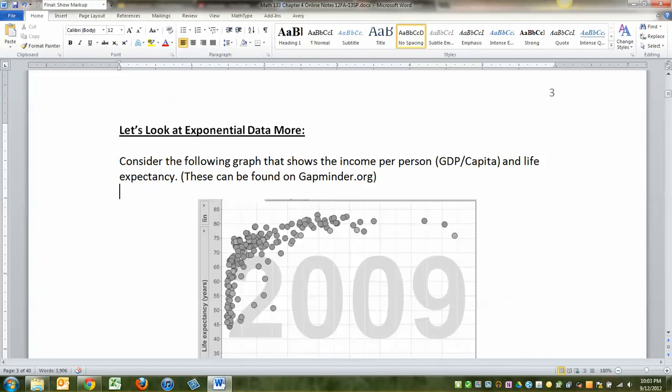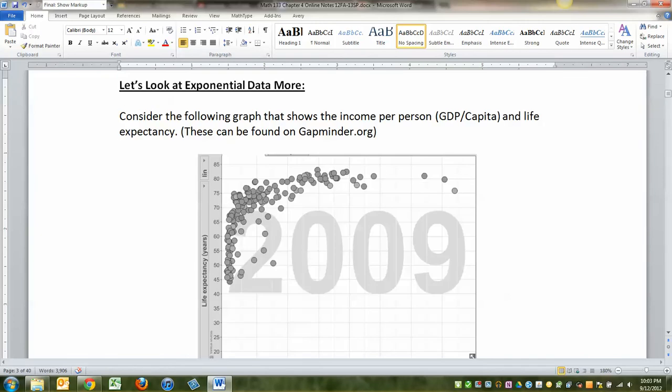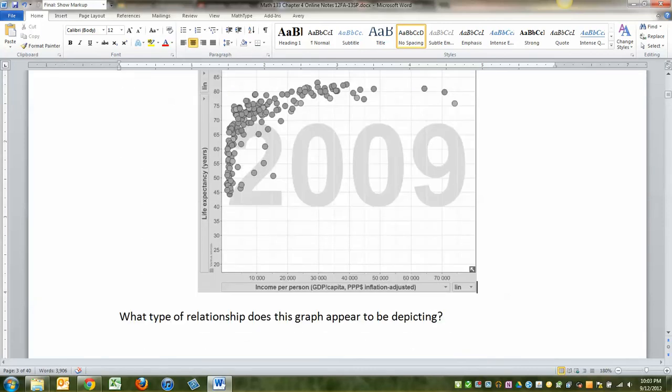This is from the lovely website gapminder.org, which I absolutely adore, and we'll be working with a couple other times in the course. So gapminder.org has this data available, and this is the income per person down here, and this is the life expectancy. And you can see, and you wouldn't believe how many students miss this, this is for the year 2009, right?